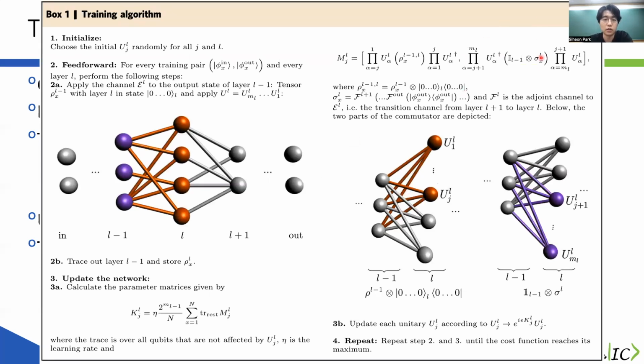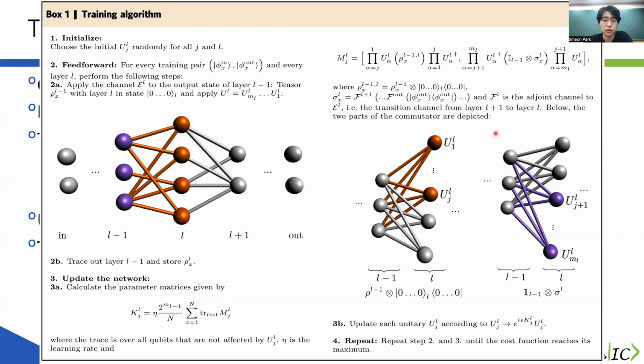Anyway, what we need is the state of our previous layer output and the state of the previous forward layer adjoint channel. Right?